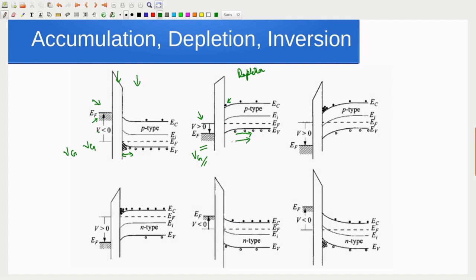So we have seen accumulation and depletion. Here it is called depletion because the holes are being repelled away and there will be a depletion region forming at the junction between the insulator and the semiconductor.